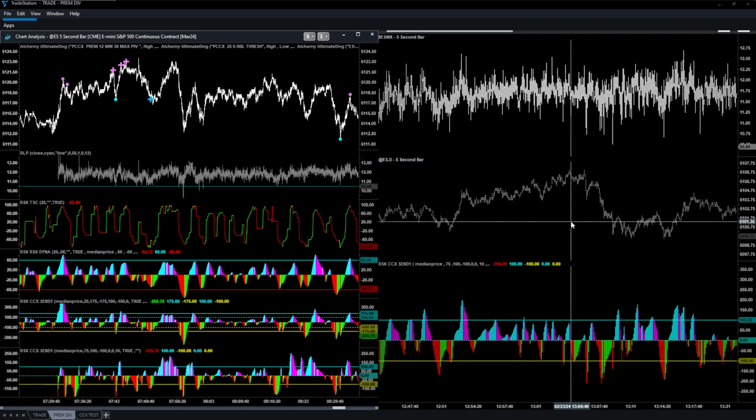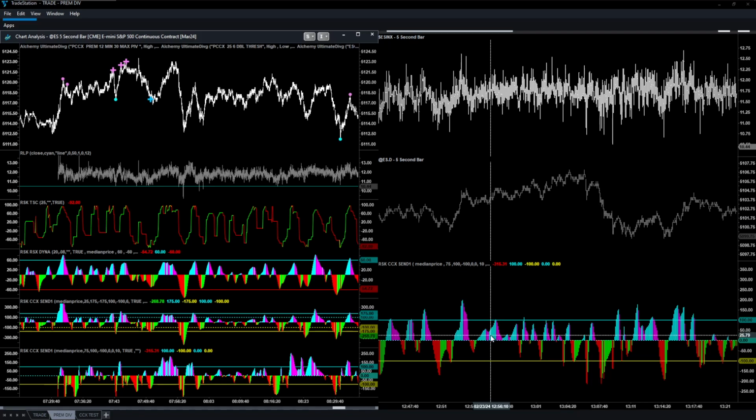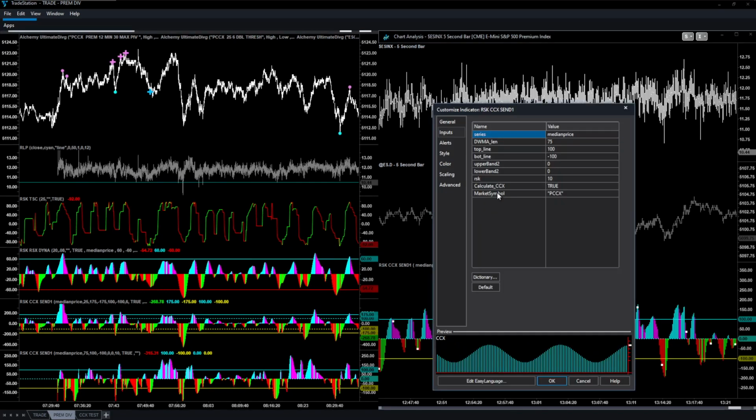Another thing that we're doing, we're taking the RSK-CCX oscillator, and we are taking all of this data, and we've created an indicator that sends all of that data to the receive chart, which is chart number 2.